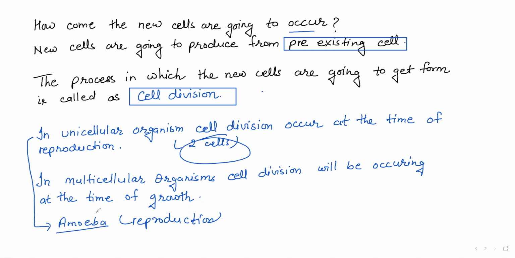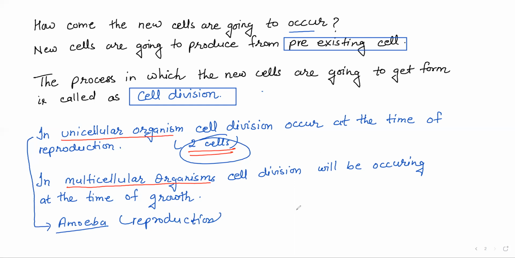So cell division is one such process through which new cells can be produced, and this remains a universal rule for unicellular as well as multicellular. In unicellular organisms, after cell division new cells are produced, and in multicellular organisms also, after cell division new cells are produced.